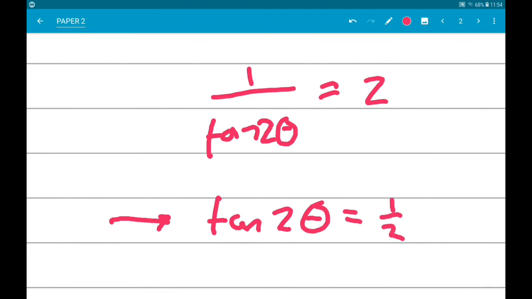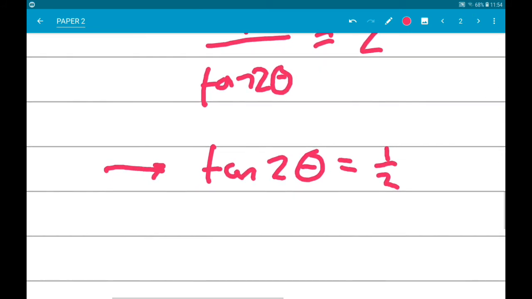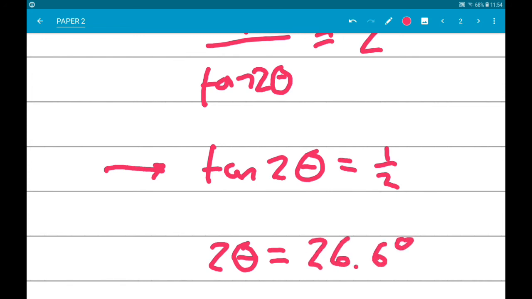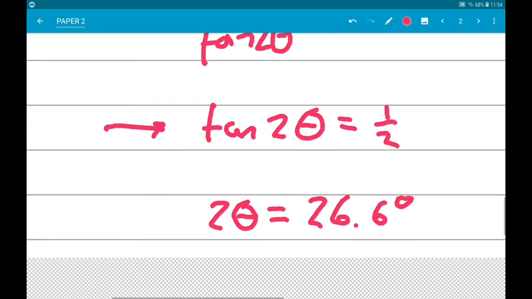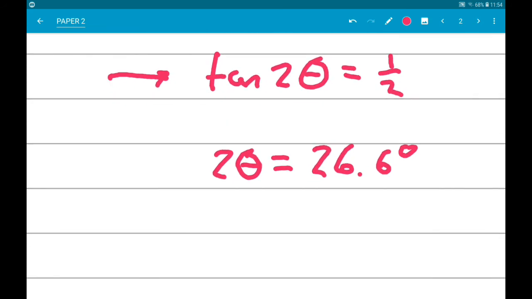So, if we now inverse tan, we get 2 theta is 26.6 degrees. So, from that, theta would be 13.3 degrees.